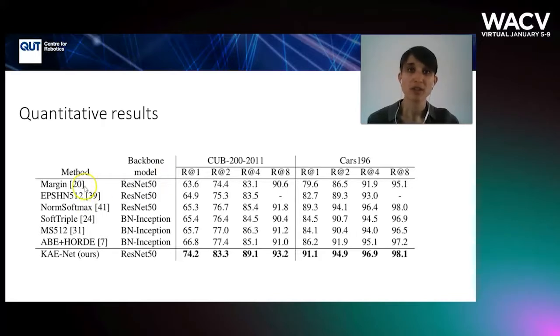Most previous works in image retrieval are metric learning methods. Our method adds pose information to the embedding learning and outperforms the previous works by a large margin, achieving recall at 1 of 74.2% on birds and 91.1% on cars.